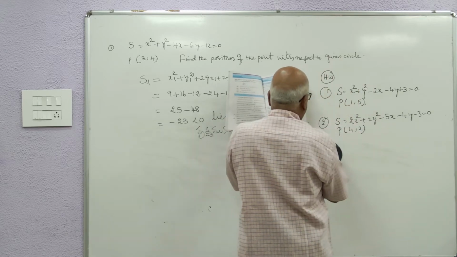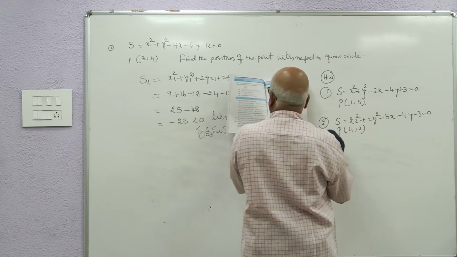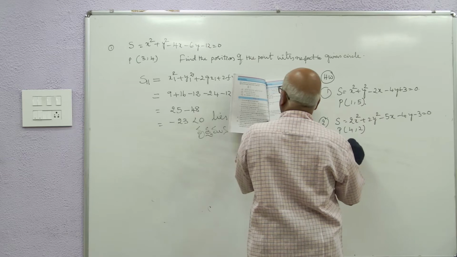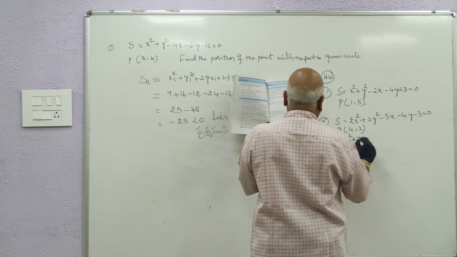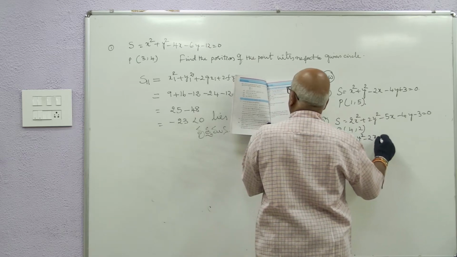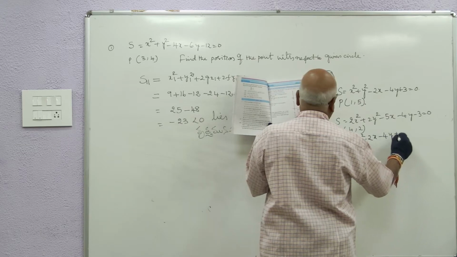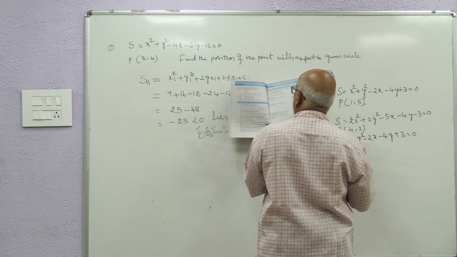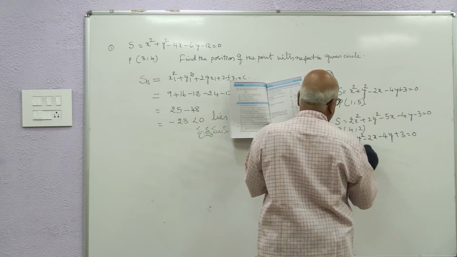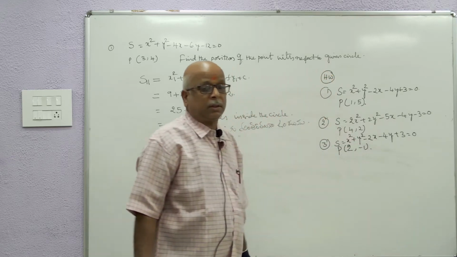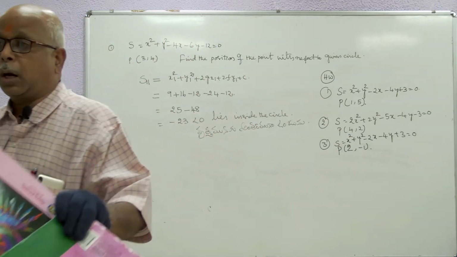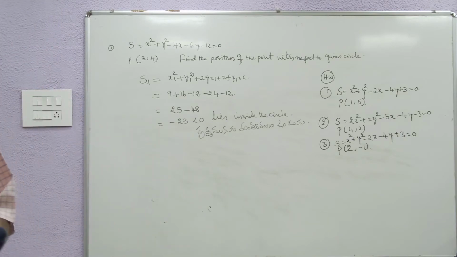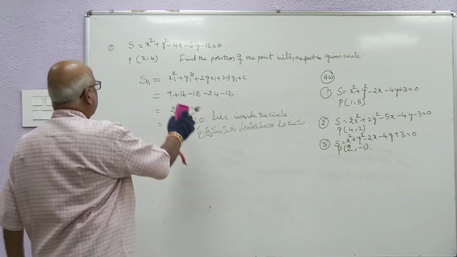One more also you can take up for practice purpose, that is S equal to x square plus y square minus 2x minus 4y plus 3 equal to 0. P is 2 comma minus 1. To these three problems, you have to trace out the location of the point with respect to the circles given against them.